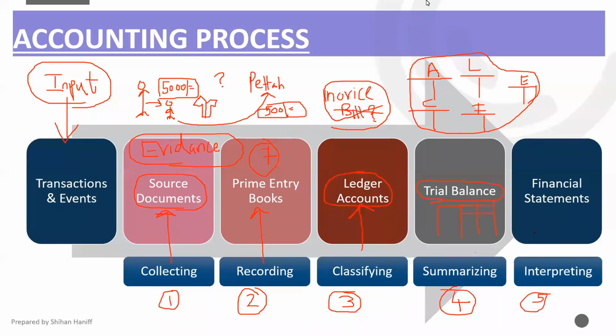Finally, we interpret using the financial statements. We show how much profit the business has made, and what the financial position is: whether they can settle their liabilities, what their assets are.